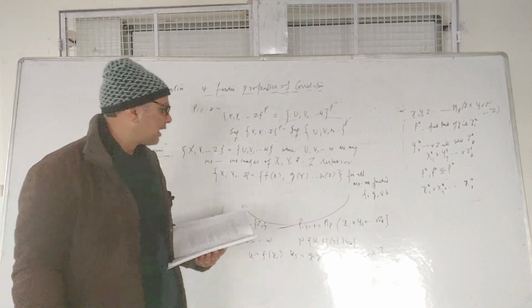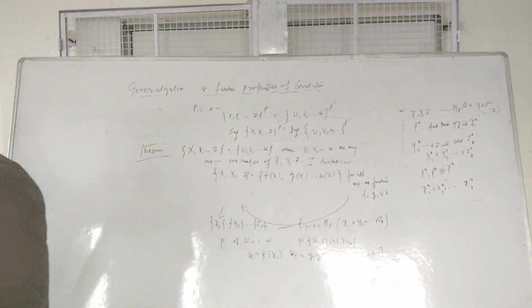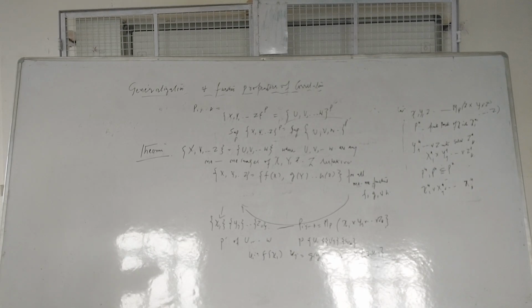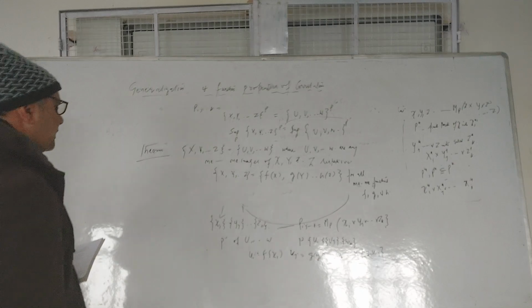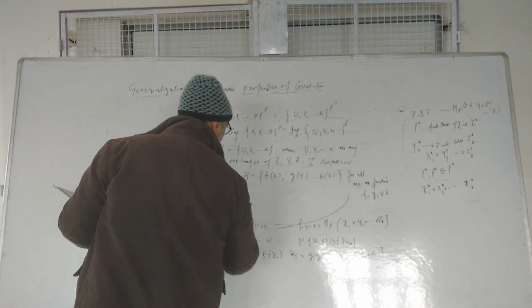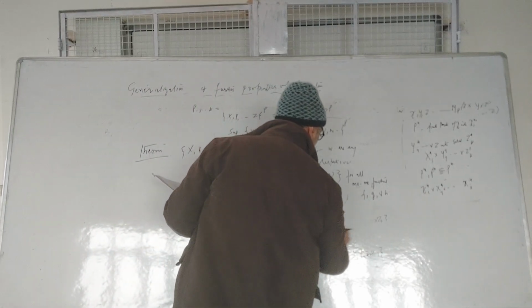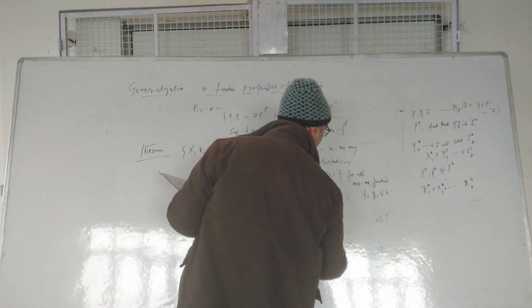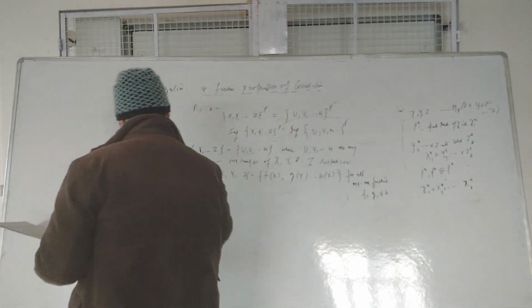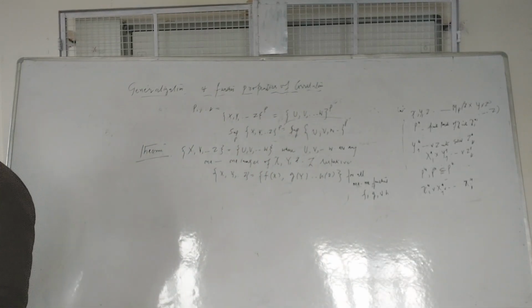So again, there is another thing you can say. Since we are basically interested in distributions, there is the idea of joint probability distributions where there may be more than one or two random variables.